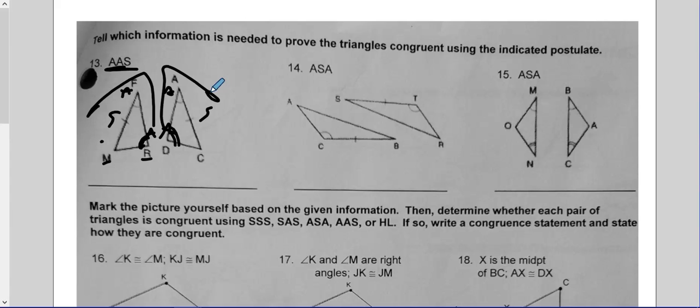So, what do we need to prove AAS? We need those angles. If we were given angle R congruent to angle D, then we could do AAS. It's asking us what more information do we need.